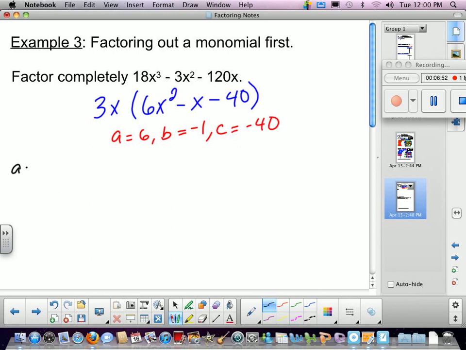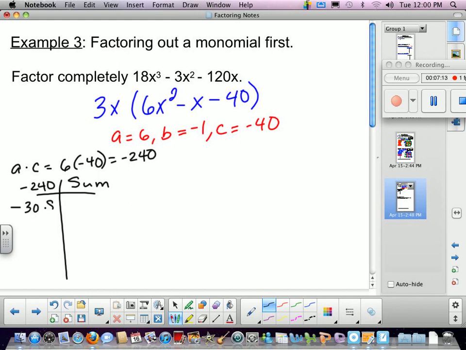So if we do a times c, it's negative 240. So we're going to look for the factors of negative 240 that have a sum of negative 1. So we start out looking close together. It would be negative 38, negative 20, and 12.